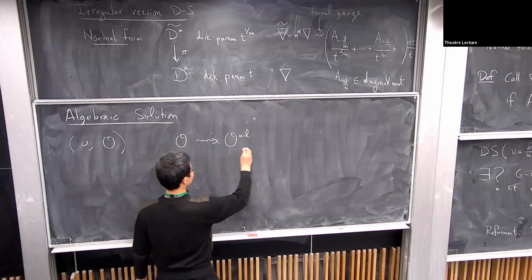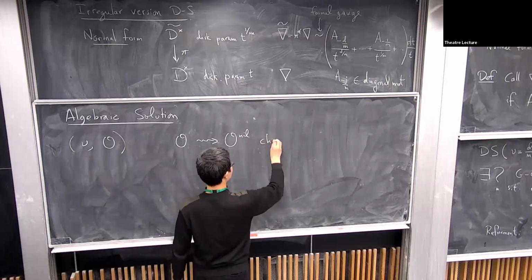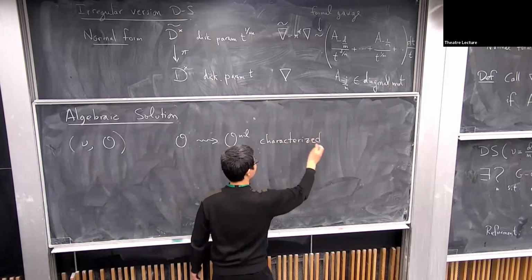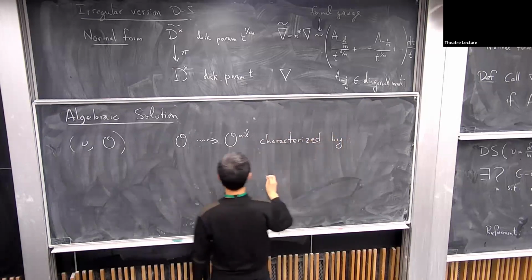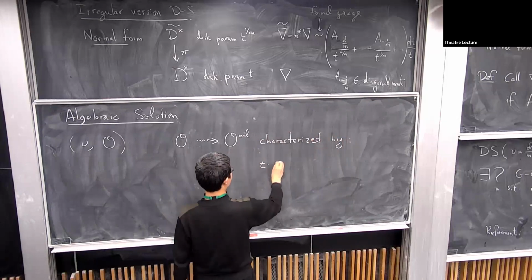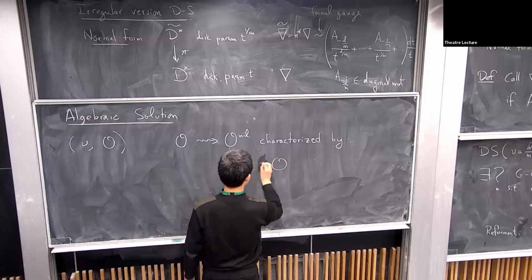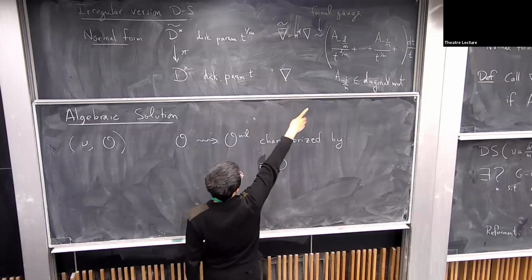Okay, so this is characterized by the following. Scale your adjoint orbit by some t, and maybe let's call this e, not to be confused with that parameter.